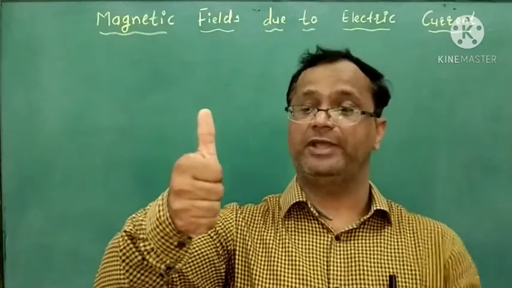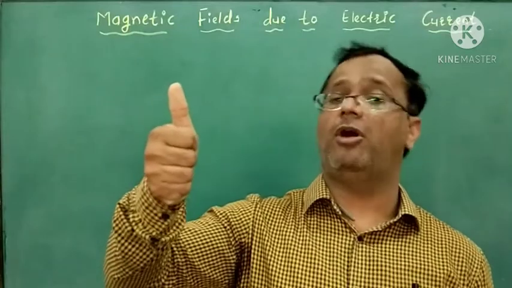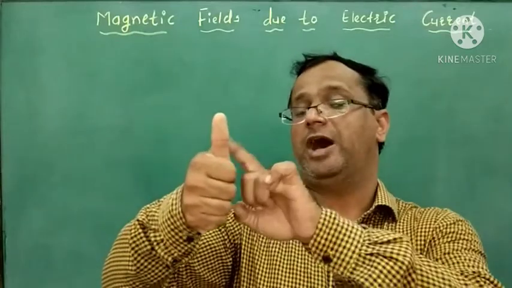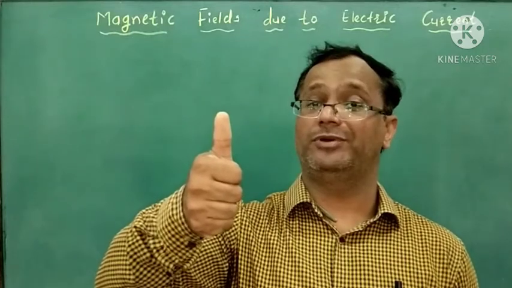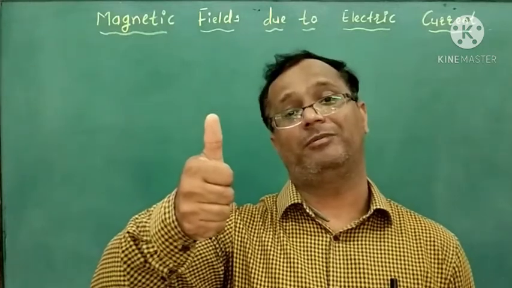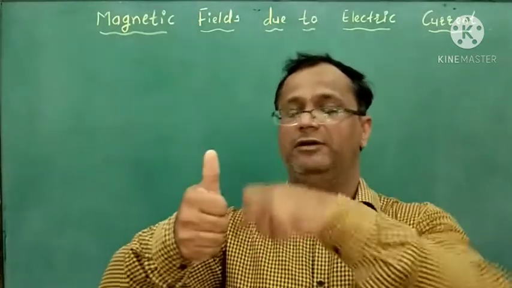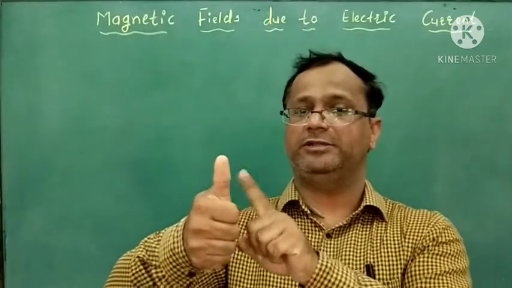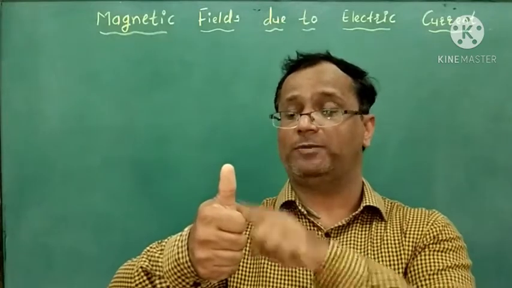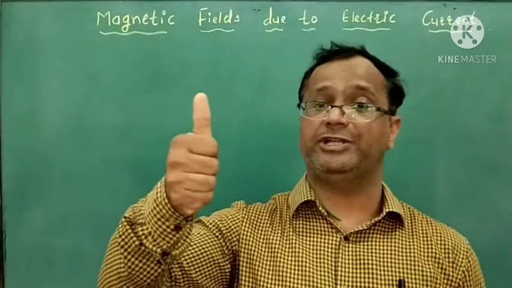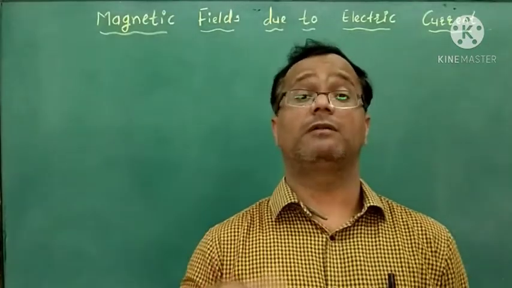That is, if the curled fingers indicate the direction of flow of current, then the outstretched thumb indicates the direction of magnetic field. Right? So this is the right hand rule.